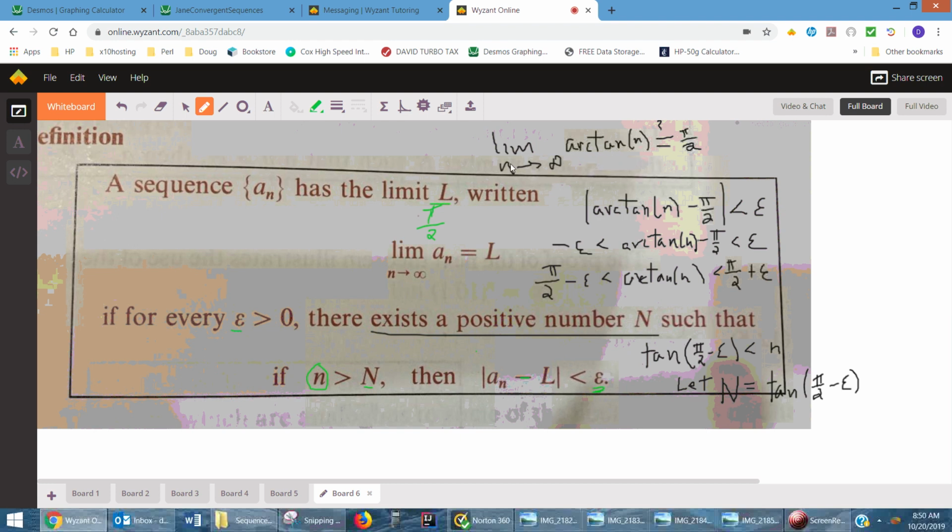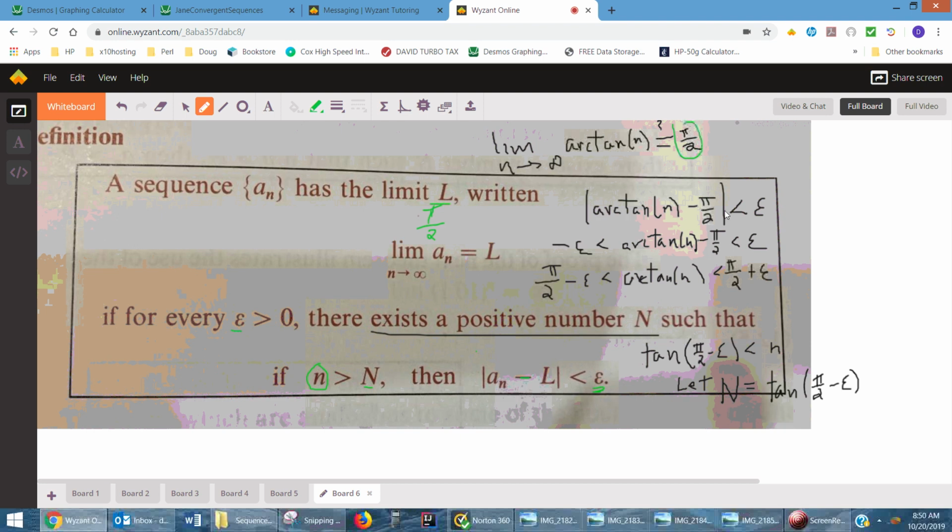Okay, so we're surmising that this limit is pi over 2. Here's how I show it. If the difference between arctan of n and pi over 2 is less than the epsilon that you give me, I want to manipulate the way this looks to find the value of capital N that will give me a difference that's less than epsilon.